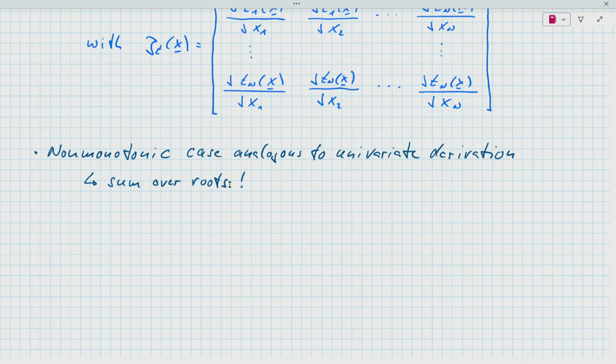Oh, we have to be careful. If it is not monotonic, we cannot use this simple formula, because then we have to take the formula for the non-monotonic case that I just mentioned. Then we have the sum over the roots. That makes it much more complicated, so that is not easy to relax. In fact, in many cases, we have even harder conditions.